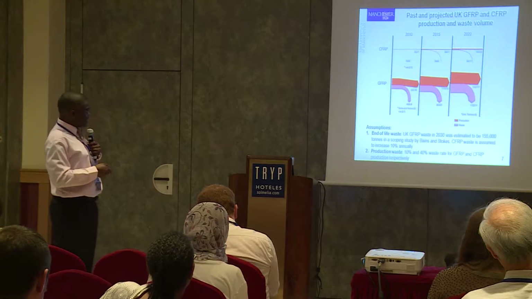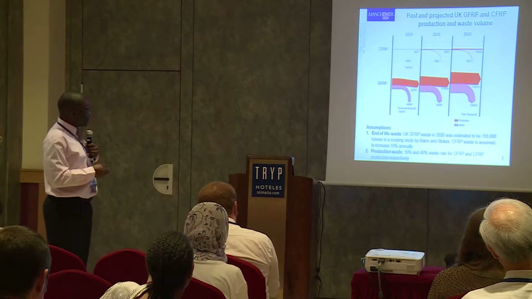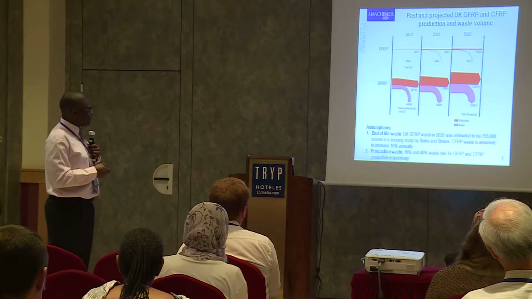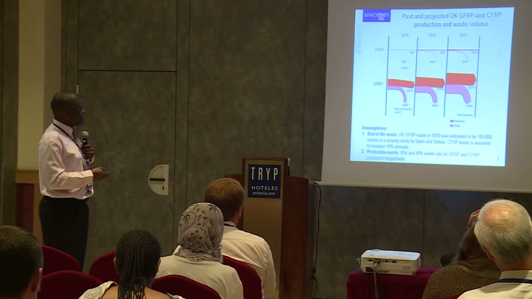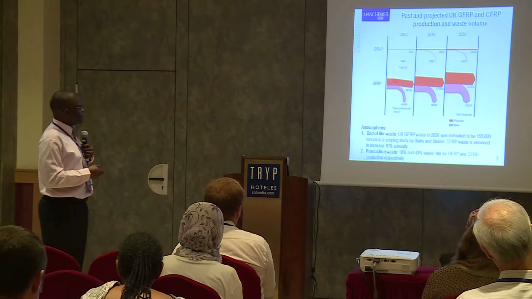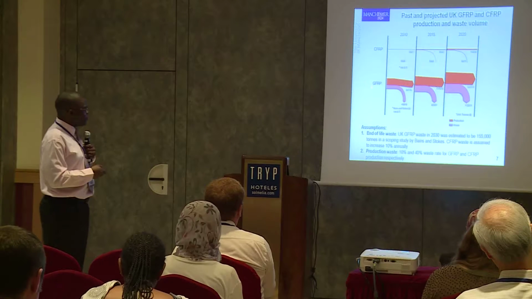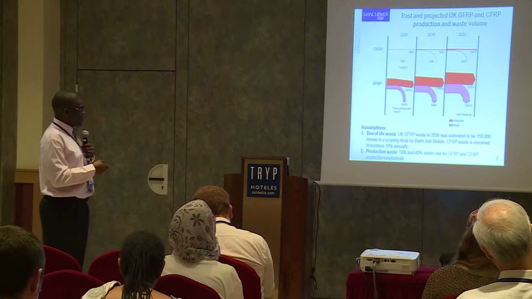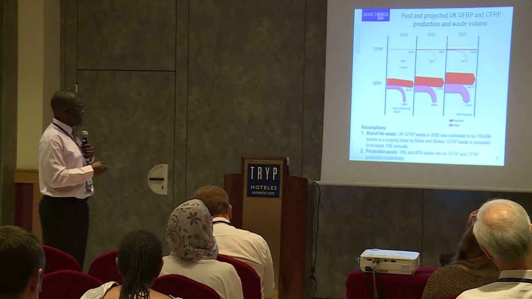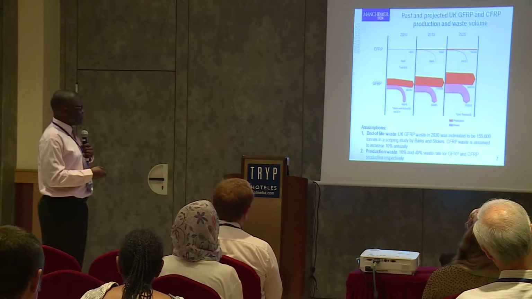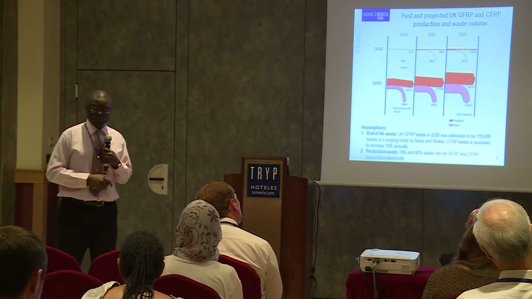On a Sankey diagram, the thickness of the arrow represents the quantity. In this case, this will be the tonnage of GFRP within the UK supply chain. And you can see, as I said before, we have more glass than carbon, so the thinner line here. And what's coming out here is the scrap material which we're trying to recycle.